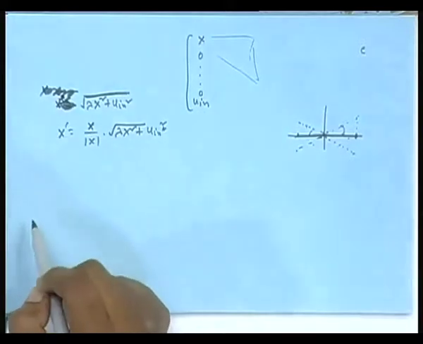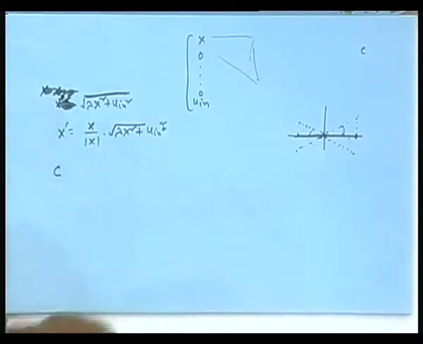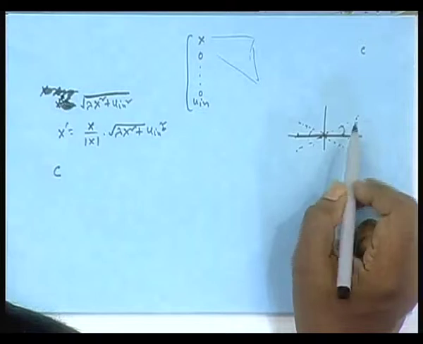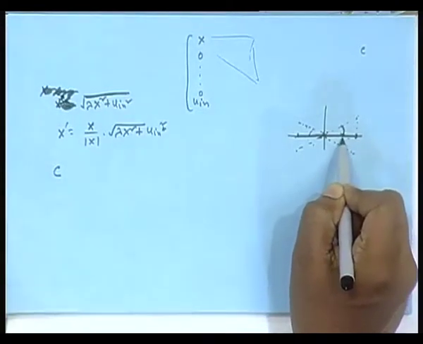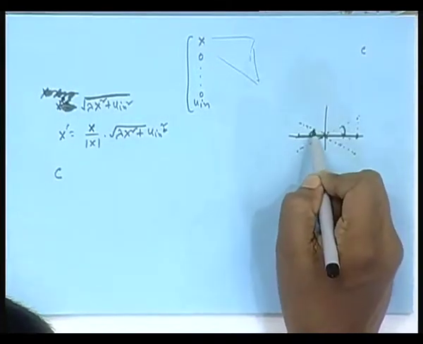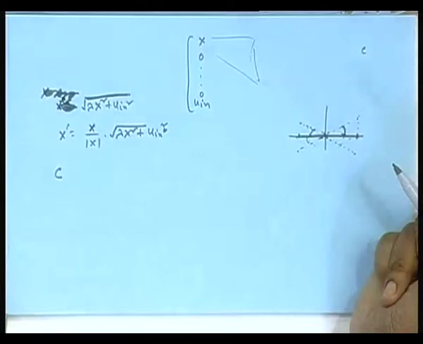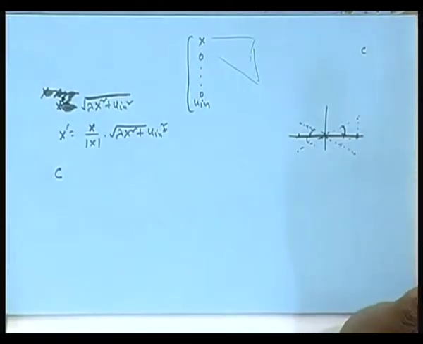Now, C, now S. C is, if you are rotating this way or rotating this way, or if you are rotating this way or this way, C is always positive, isn't it? Because C is cos.